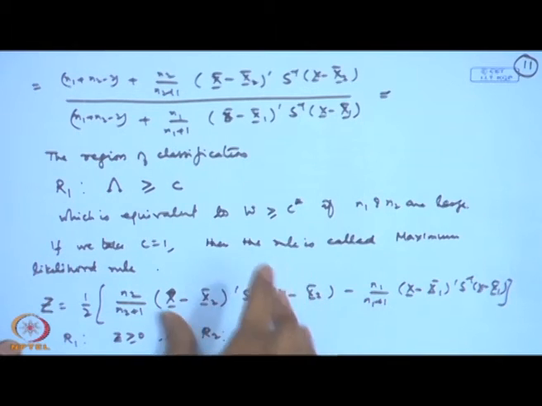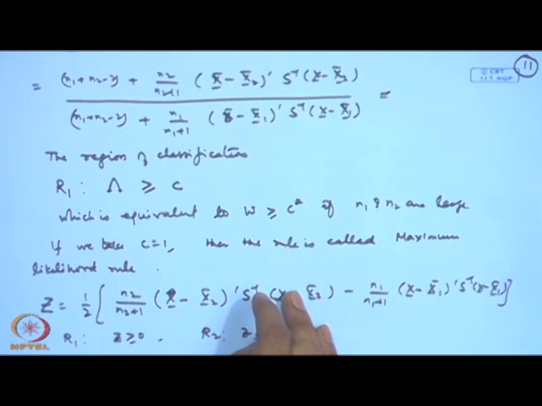So, basically you can consider this as a simple distance of the observation from a given population, which is based on the sample from that population. So, I think the rule is straightforward and it is an extremely heuristic rule that is coming here. If you look at W and Z here, they are not much different.